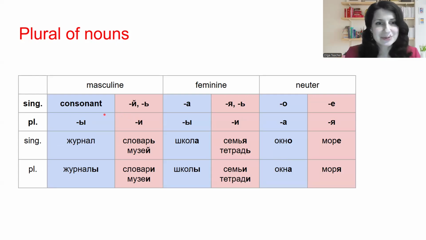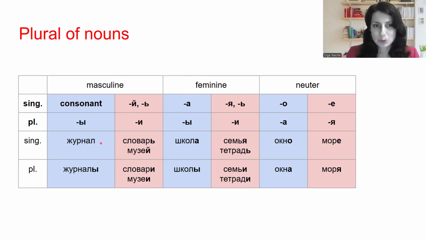So let's summarize what we have just studied, but it's not the end. Watch till the end because you will find some interesting details very soon. So again, we have three grammar genders, masculine, feminine, and neuter. How do we understand the gender of a noun? We look at the last letter. And if it's masculine or feminine, it changes the endings to y or e in plural.